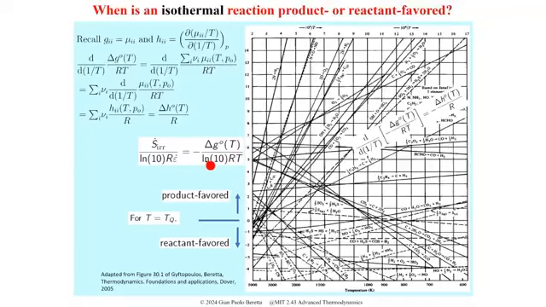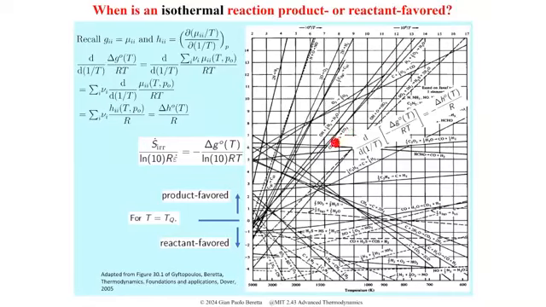There is the logarithm of 10 because this is done on a Neperian log instead of log of 10. But apart from this factor, this shows the dependence of delta G over T versus 1 over T. It's almost linear.